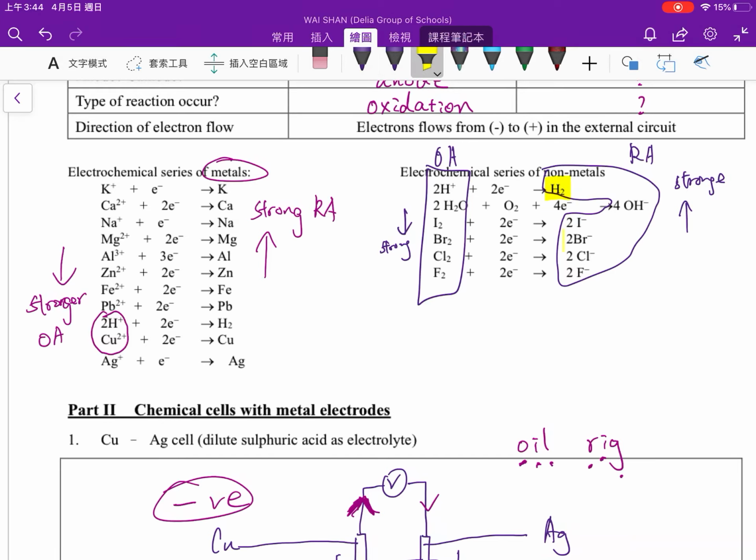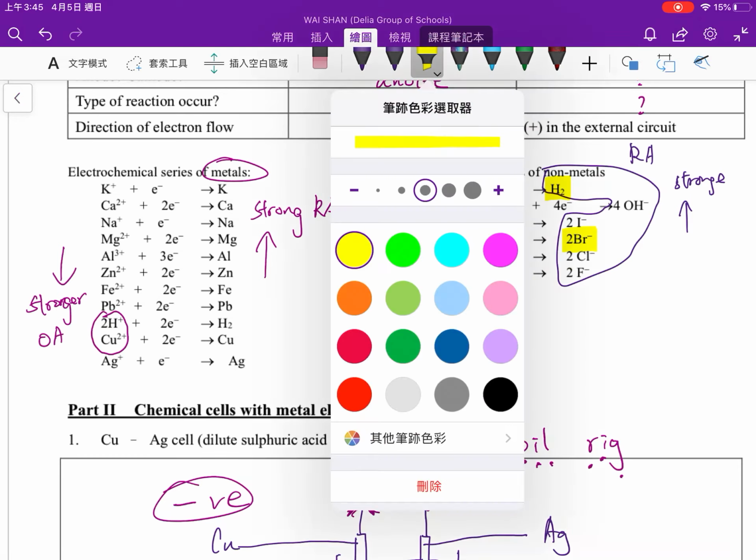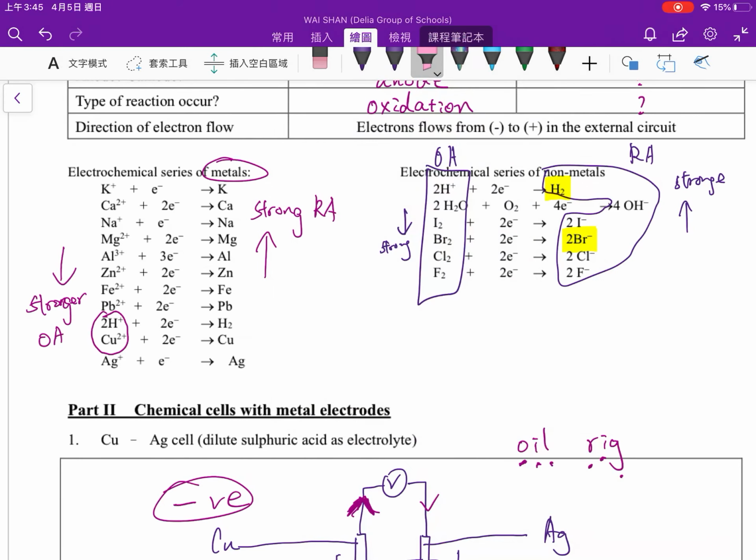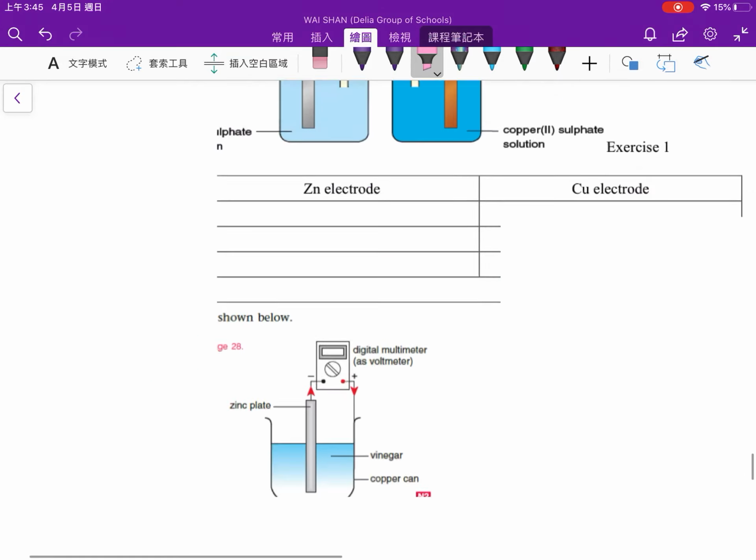And for reducing agent, hydrogen gas and bromide. So you can see which one is stronger. Hydrogen gas is stronger, right? And when we look at oxidizing agent, really you do not need to check both. You just need to check one of them. Okay, because I am doing it as example, so I check both. And when it comes to oxidizing agent, bromine is stronger.